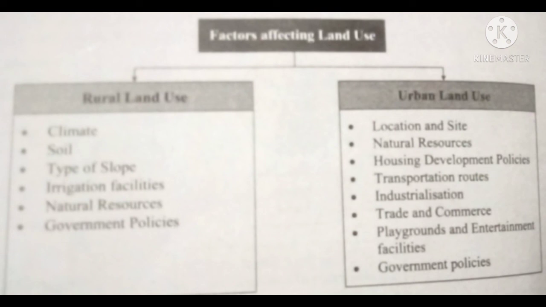Then what are the factors affecting urban land use, that is in the city areas? 1, location and site. Second, natural resources. Third, housing development policies. Fourth, transportation routes. Fifth, industrialization. Sixth, trade and commerce. Seventh, playgrounds and entertainment facilities. And last one, government policies.